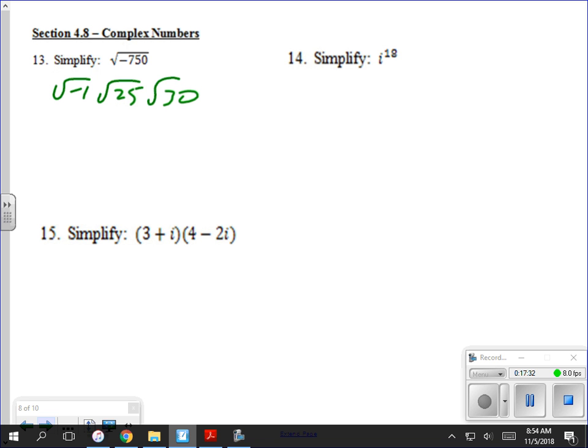Square root of negative 1 is what? Your test is tomorrow. What's the square root of negative 1? I. Gee, there's one person who's going to get this right tomorrow, I guess. I. Square root of 25 is 5, so I have 5i root 30.